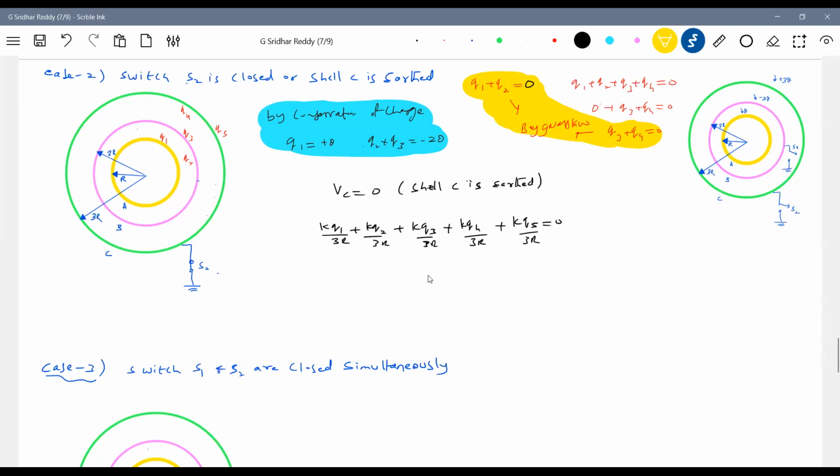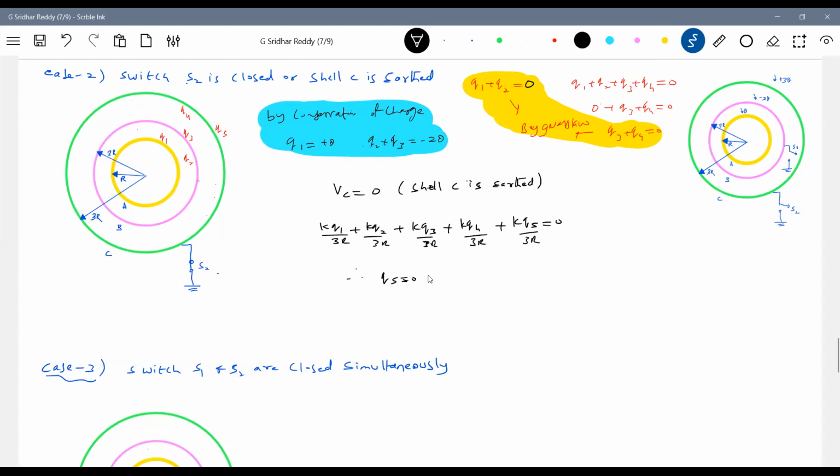After getting Q5 as 0, then come for this one.